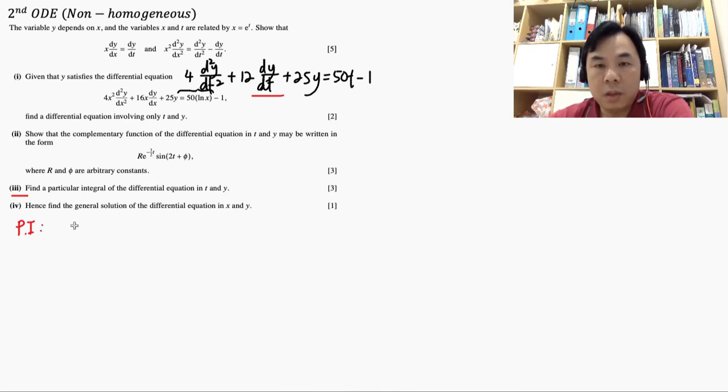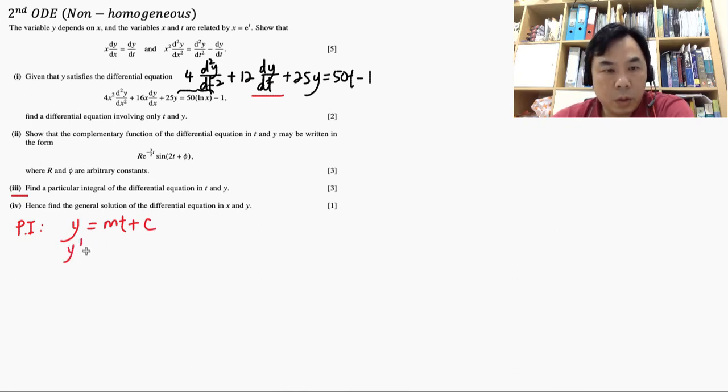We will say that since this is a linear equation, we will represent our particular integral as, in this case, we can call that mt plus c, for instance. We know that the first derivative with respect to t is m, and then the second derivative is 0.